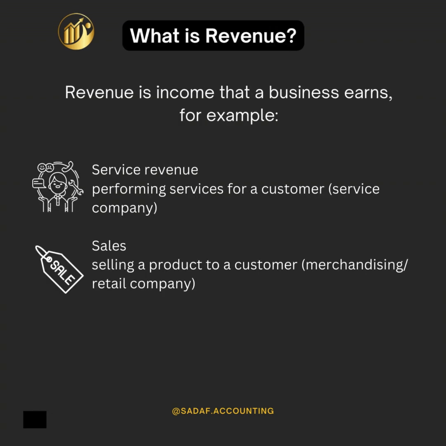So now start with revenue. What is revenue? Revenue increases equity. Revenue is income that a business earns. For example, we have 2 kinds of revenue. One of them is service and the other is selling. Service is for a company that provides and performs services for customers, like an accounting company that only provides accounting services.